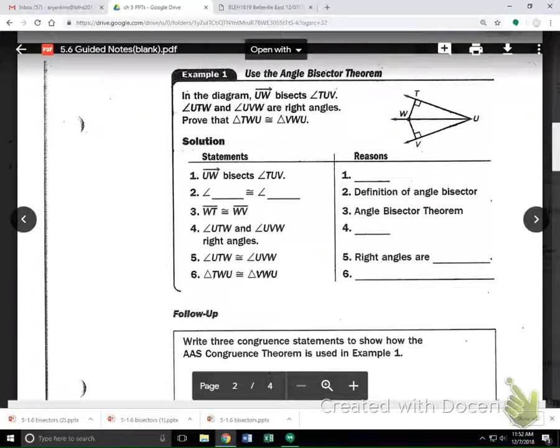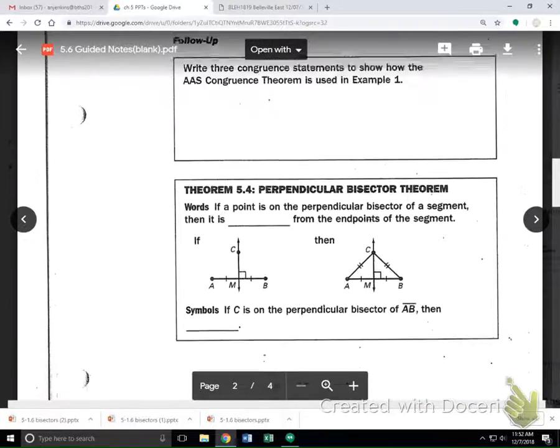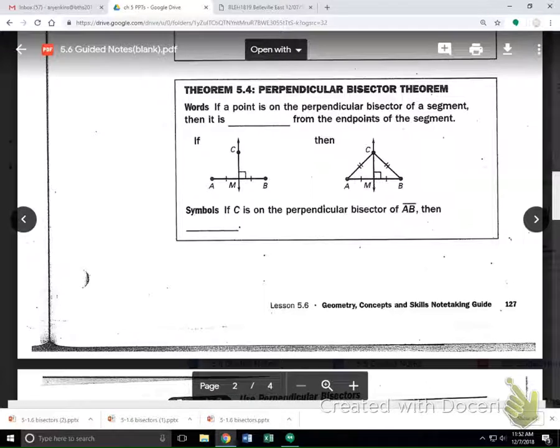So there we just listed the points that allowed us to prove that theorem. Now we have another theorem, Theorem 5.4, perpendicular bisector theorem. So in words it says, if a point is on the perpendicular bisector of a segment, then it is, and what word do you think is going to go in there? Main word of this lesson. Yep, equidistant.